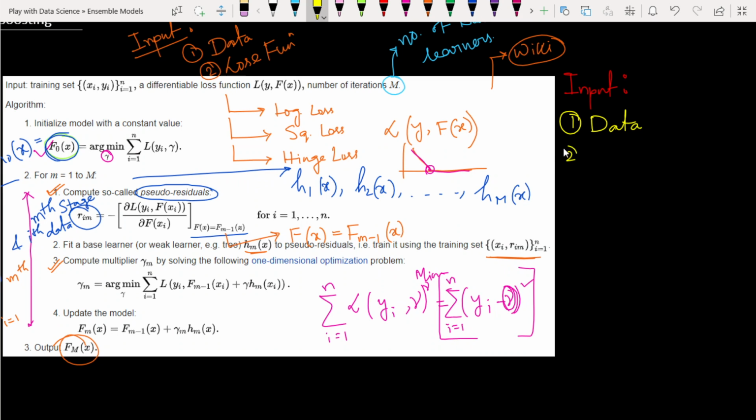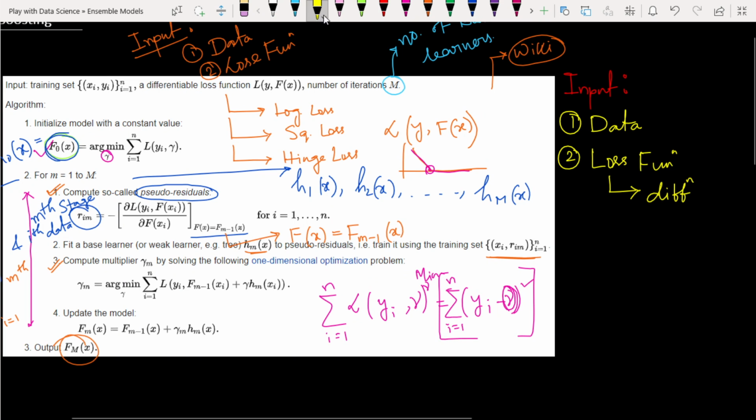The second input is our loss function. And also we have to remember that this loss function is obviously differentiable.